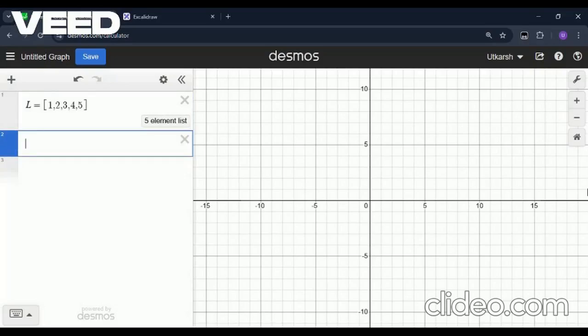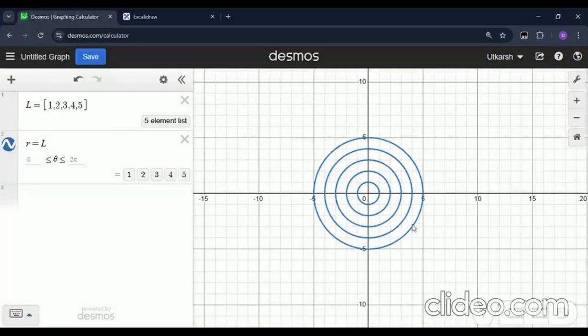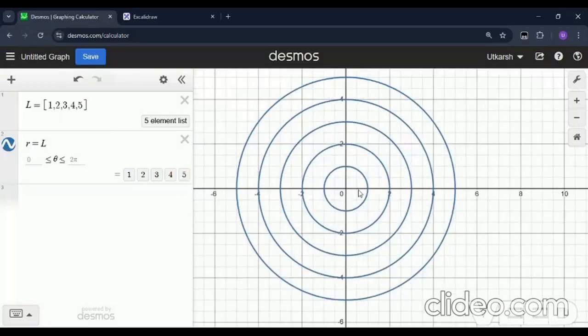So I'll just simply write it as r equal to L. Now what it does is it basically abstracts the value of the radius from the list L one by one. First it draws a circle of unit radius, that is 1, then it draws a circle of radius 2, then 3 and 4 and 5 and so on.